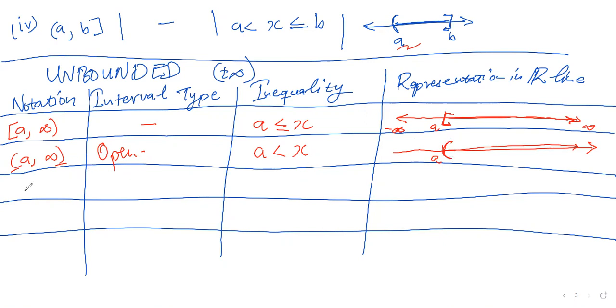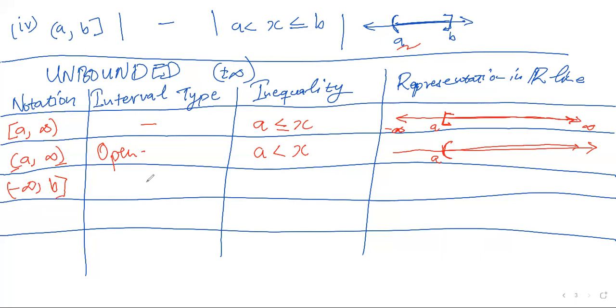And the next one, you can put on the right hand side, something like negative infinity to B inclusive. This is an open and closed, hence no conclusion.